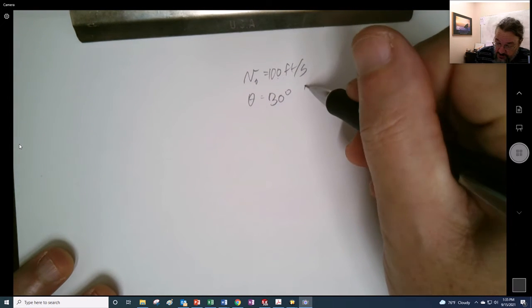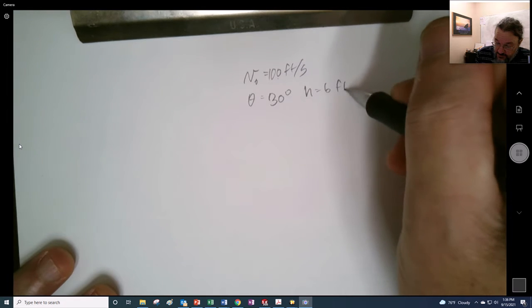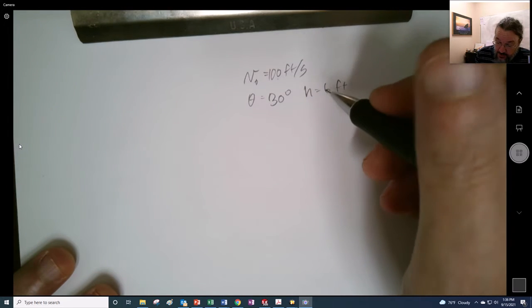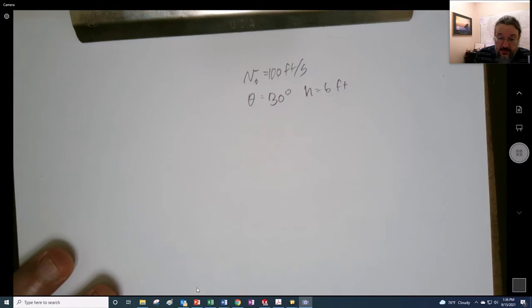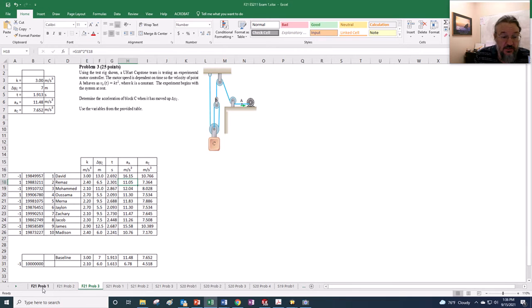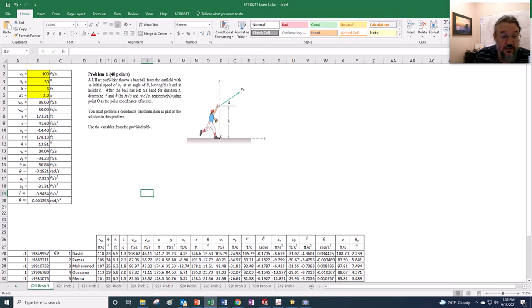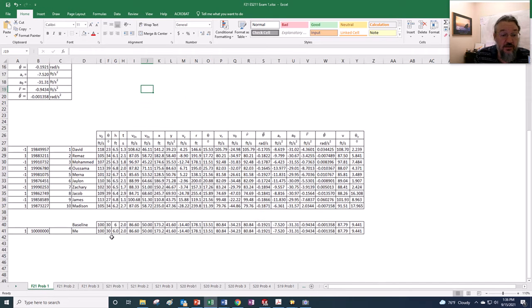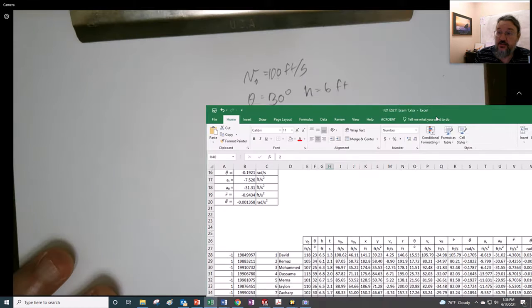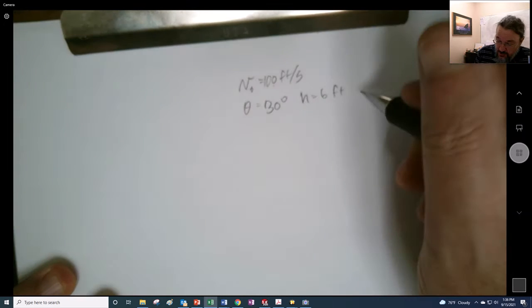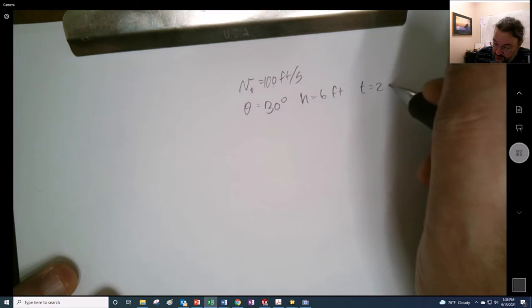I'm going to start with a height of 6 feet. I also decided on a delta t, and I used 2 seconds as my baseline. So I have a time of 2 seconds.